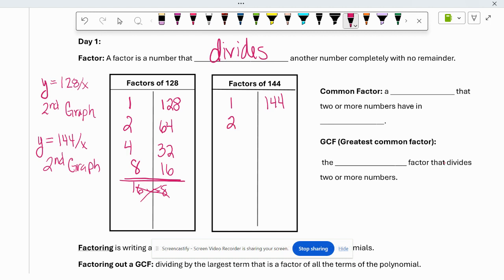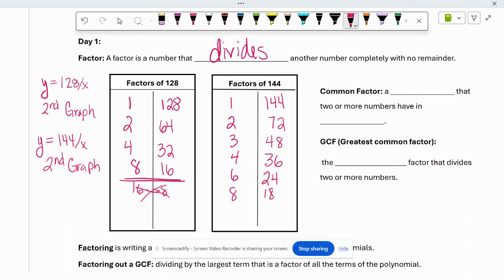Seamus, you got them? You want to share them out? 2 and 72. Perfect. 3 and 48. 4 and 36. 6 and 24. 8 and 18.